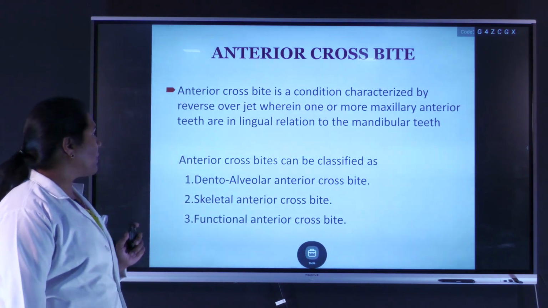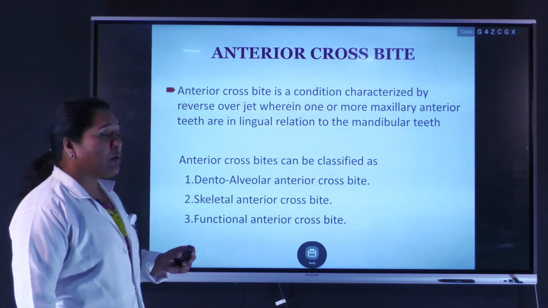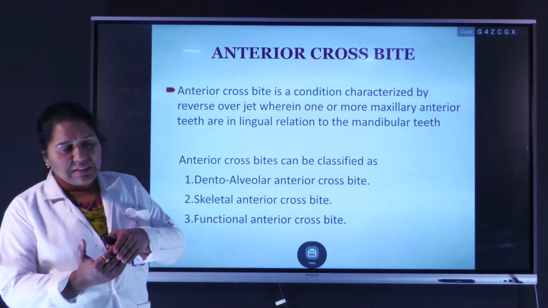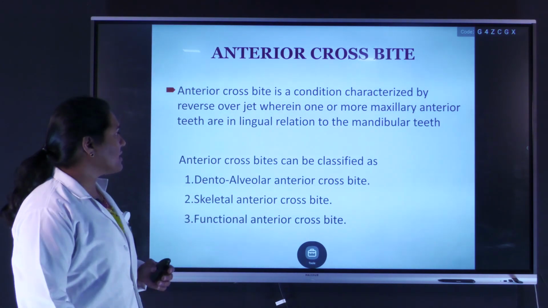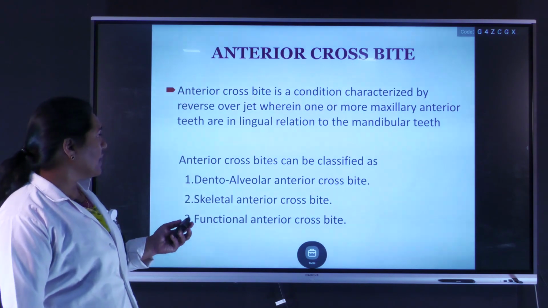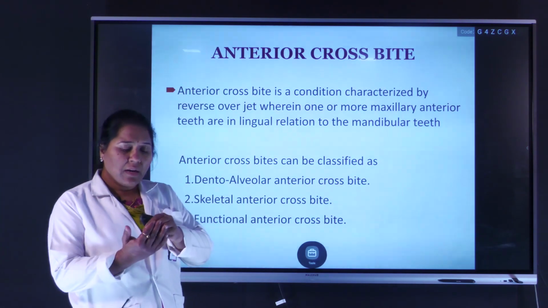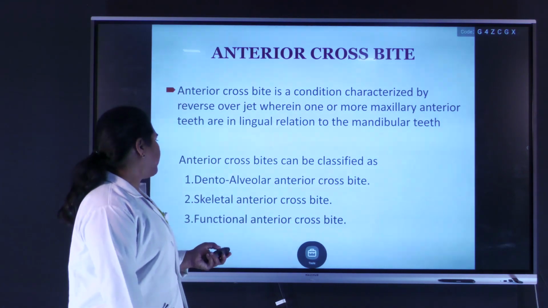So, what is crossbite? Anterior crossbite is a condition characterized by reverse overjet. Generally upper incisors overlap the lower incisors, but here the condition is reversed, wherein one or more maxillary anterior teeth are in lingual relation to the mandibular teeth. So here in crossbite the mandibular teeth will overlap the maxillary teeth.